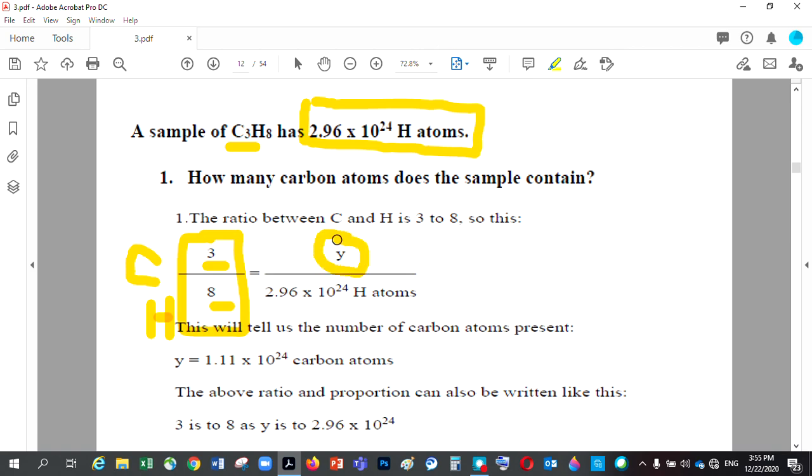Y is the number of carbon atoms, and the number of hydrogen atoms is here. So solve it for Y. You get the number of carbon atoms in C3H8 is this amount. And you have to watch the sig figs, of course. You can see this holds the ratio constant at 3:8. If you divide the Y value by the value of hydrogen, you get 3:8, just to confirm it.